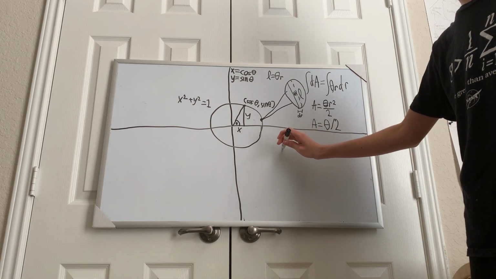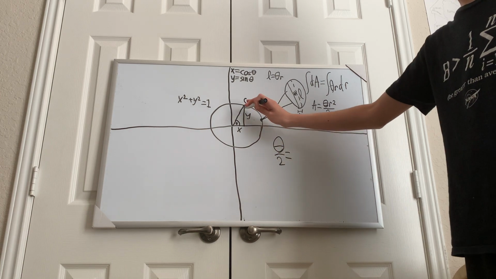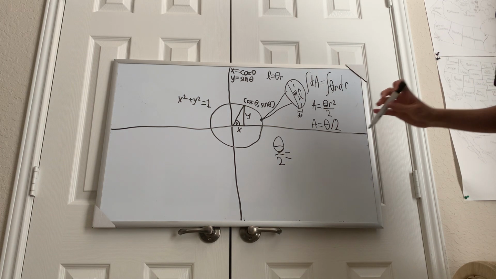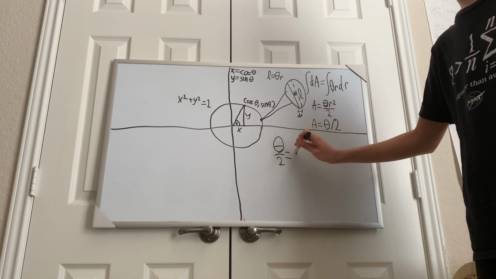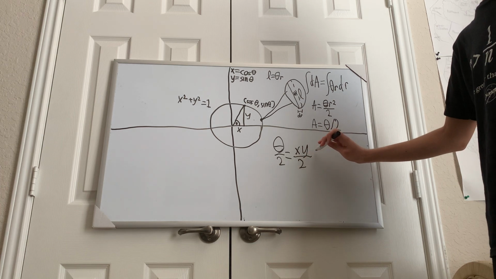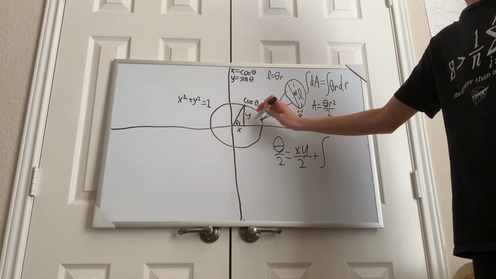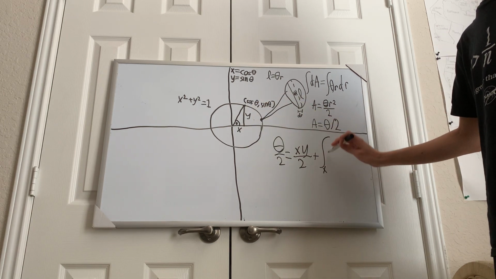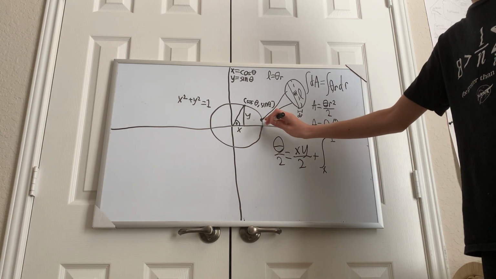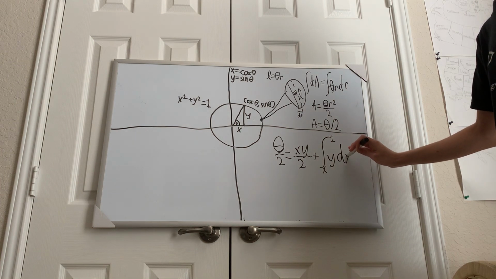so now we get that theta over 2 is equal to, and then we can find this area in terms of x and y. So that's base times height divided by 2, xy over 2 plus the integral of this area here, which is integral from x to 1, since x is our left bound and 1 is our right bound, of y dx.